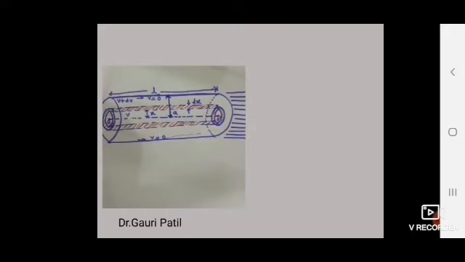The cross section of the capillary tube is uniform and the pressure difference between its ends is constant. Now imagine a concentric cylindrical layer or shell of the liquid of radius x flowing through the capillary tube.